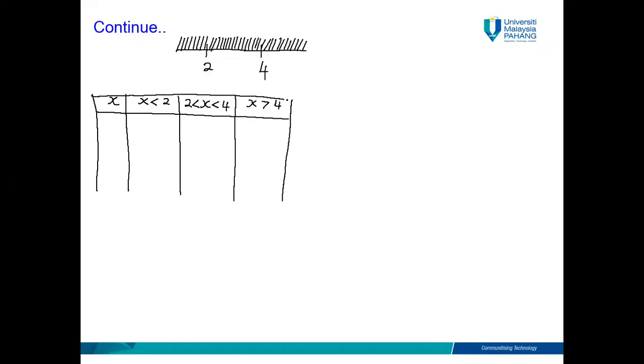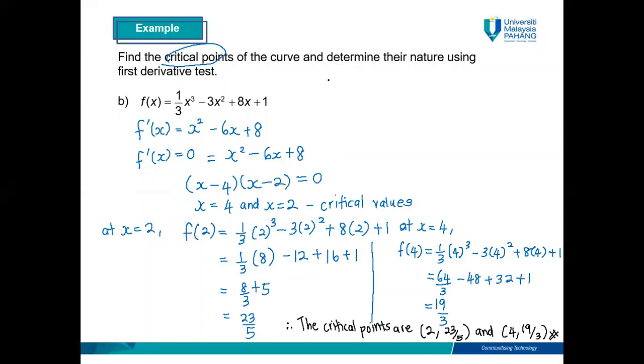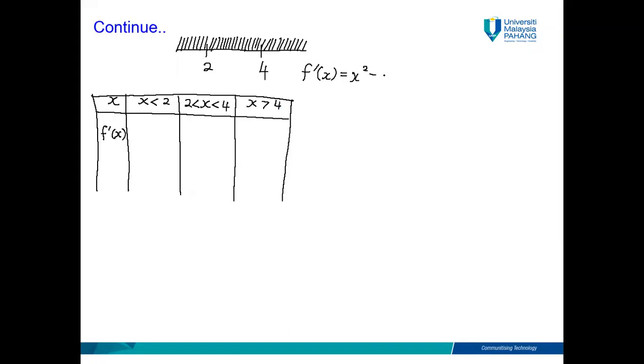So what is f prime x? For x less than 2, the easiest is to consider 0. Our f prime x is x squared minus 6x plus 8.